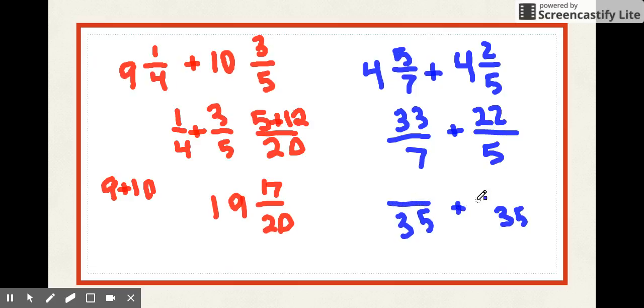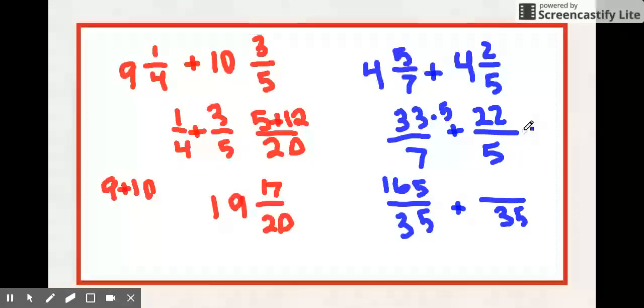So 7 goes into 35 5 times. 33 times 5 is 165. I went ahead and did the math for you. And then 5 goes into 35 7 times. So 22 times 7, that is 154.